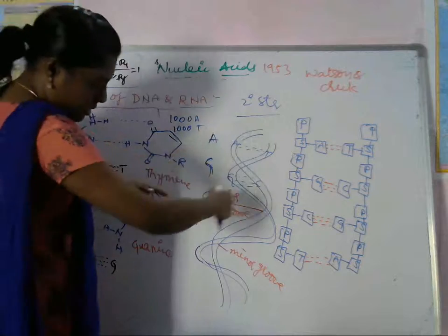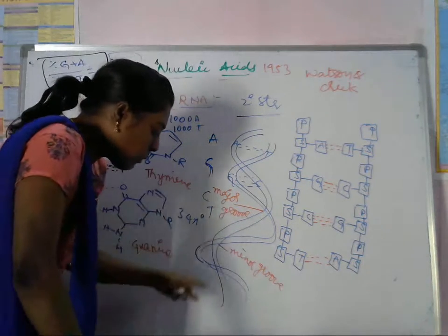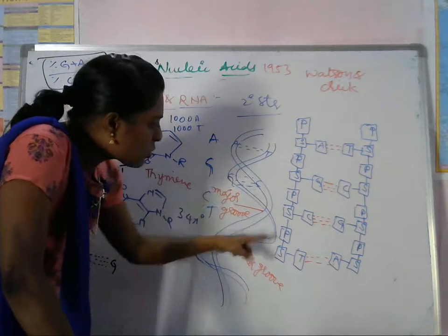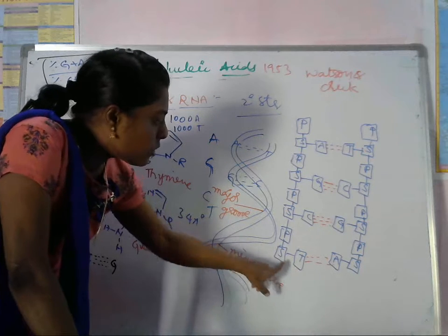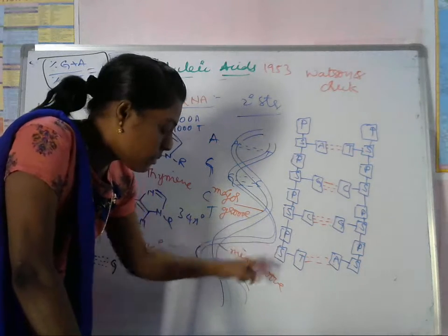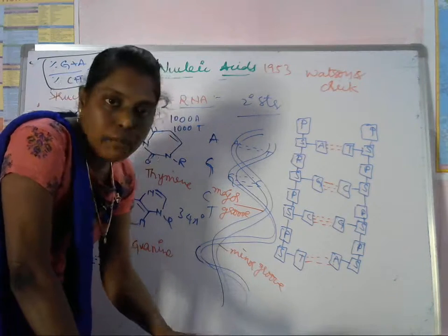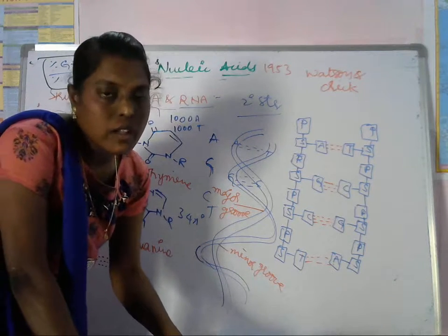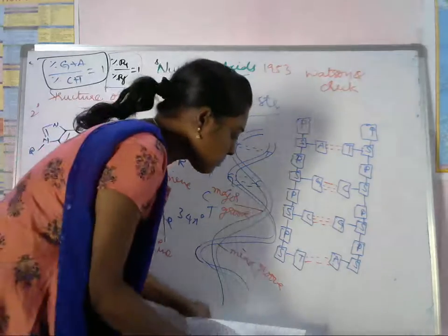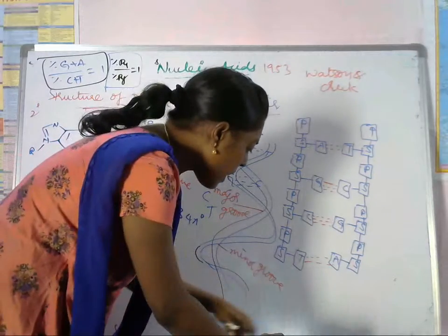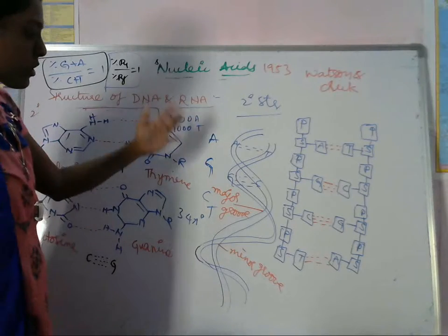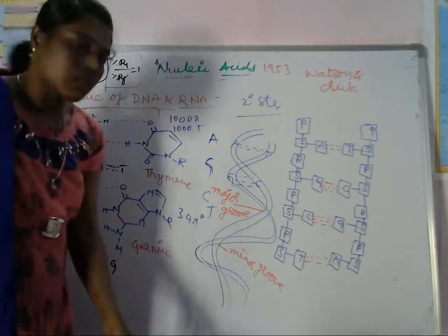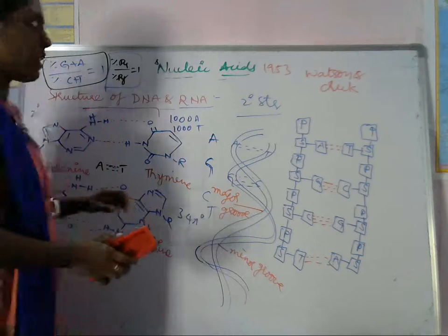Here also the sugar phosphate, this is connected to sugar which is connected to phosphate, and the sugar phosphate backbone is on the outside. So like this, it has this structure. This is the secondary structure. Okay, so let's see the tertiary structure of the DNA.